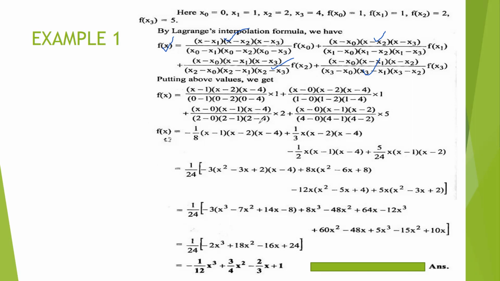After simplifying, by putting x0, x1, x2, x3 and f of x0, f of x1, f of x2, and f of x3, we have Lagrange's polynomial. So this is all about Lagrange's interpolation formula.